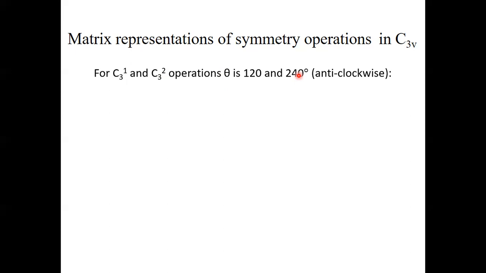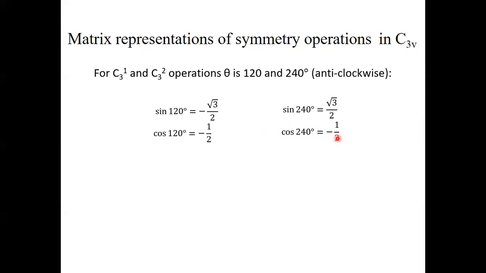So what values will our terms adopt? The sinus of 120 degrees is minus the square root of 3 over 2. The sinus of 240 degrees is the square root of 3 over 2. The cosinus of 120 degrees is minus a half. And the cosinus of 240 degrees is also minus a half.